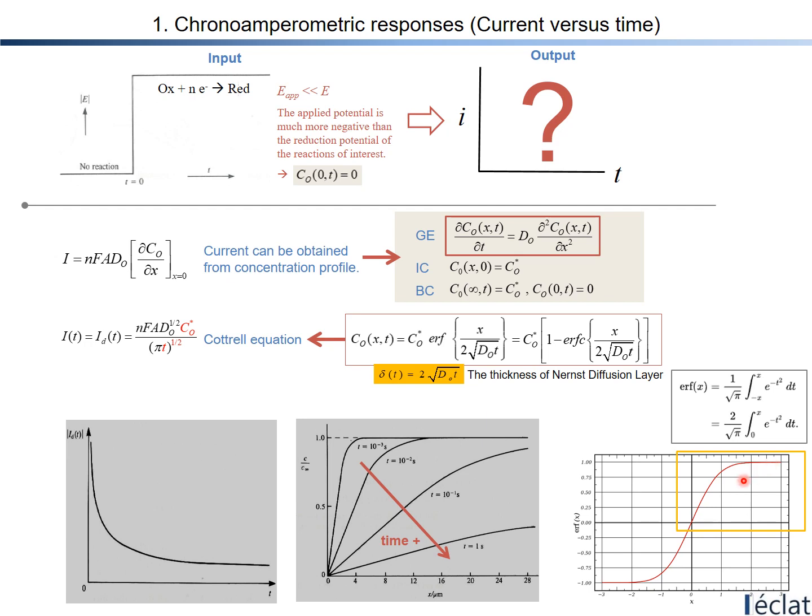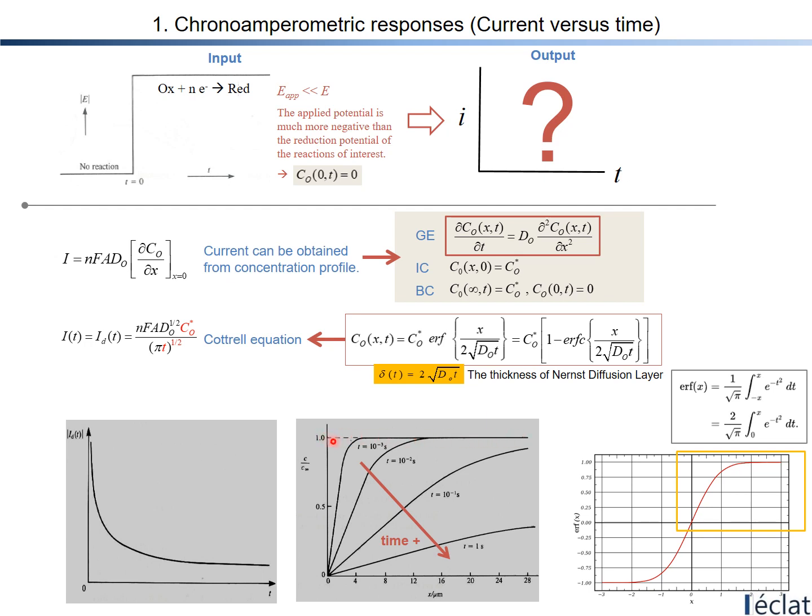And then let me compare the concentration profiles at several different time scales. X is the distance from the electrode surface, and Y is the relative concentration, which is the concentration per the bulk concentration. Of course, the maximum value of this relative concentration should be 1.